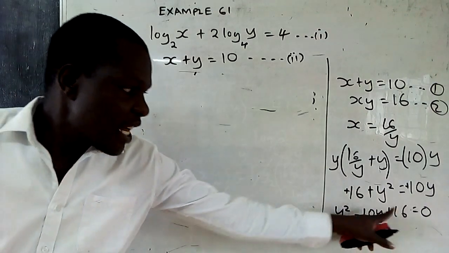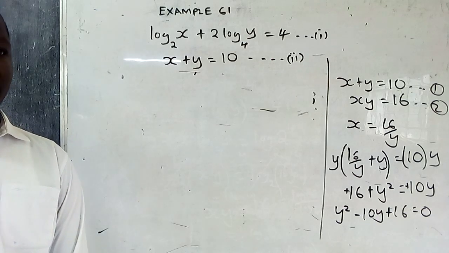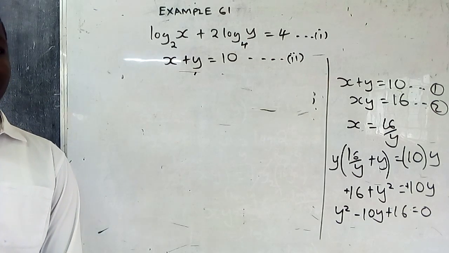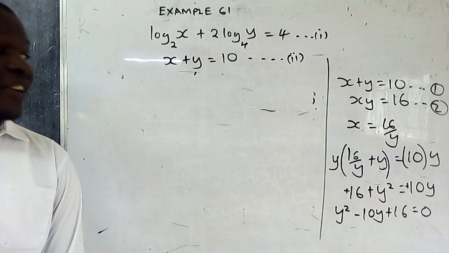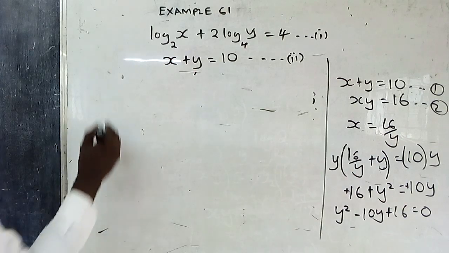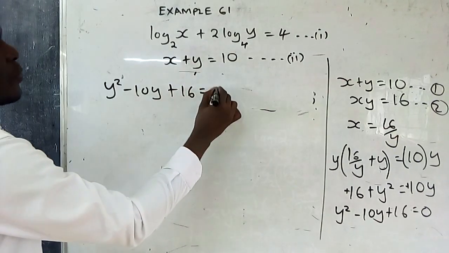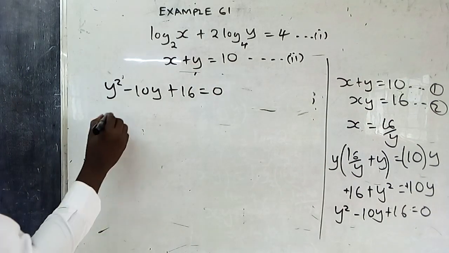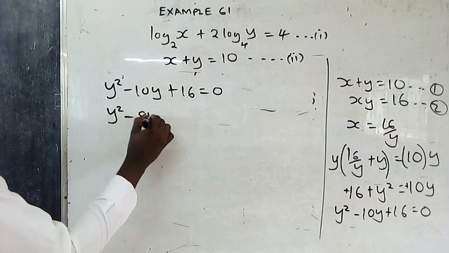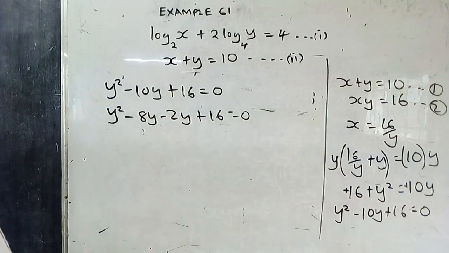So how do you solve that quadratic equation? We need numbers with a sum of negative 10 and a product of 16. Negative 8 and negative 2. Good. So when we have y squared minus 10y plus 16, we can use factorization. We have y squared minus 8y minus 2y plus 16 is equal to 0.